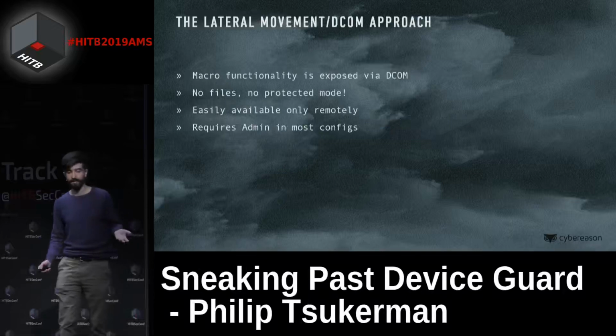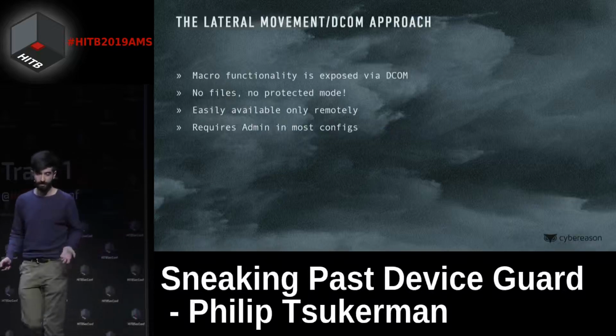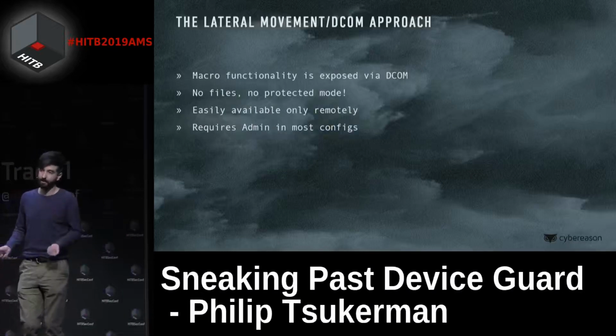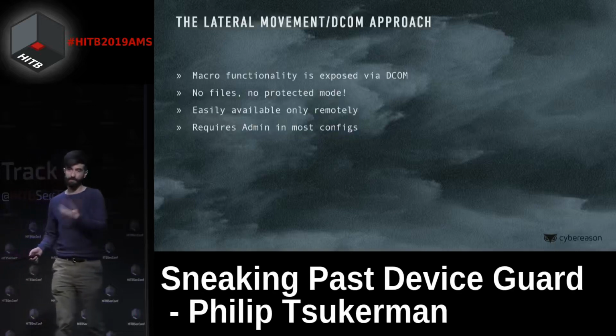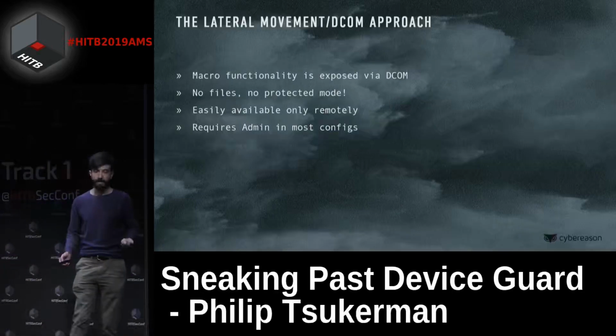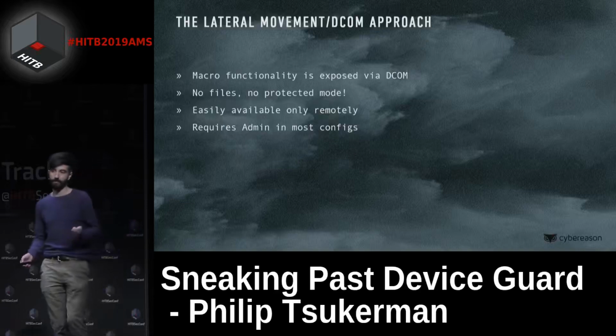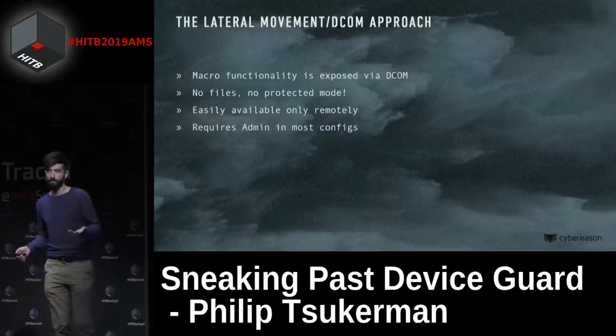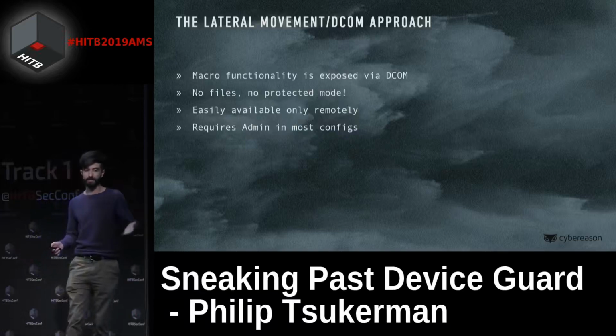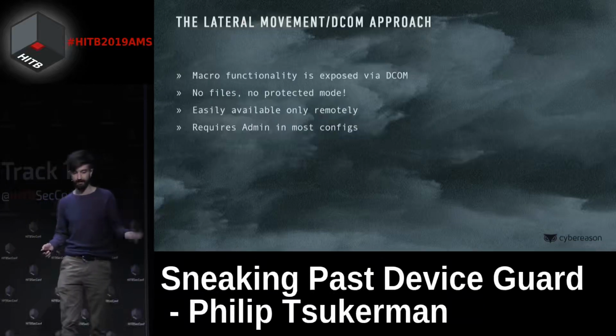And the first one is a lateral movement or DCOM approach. Most Office applications actually expose a COM object which is available remotely. And these allow you to actually insert and run macros into a document, or actually into an unsaved document, working absolutely filelessly.